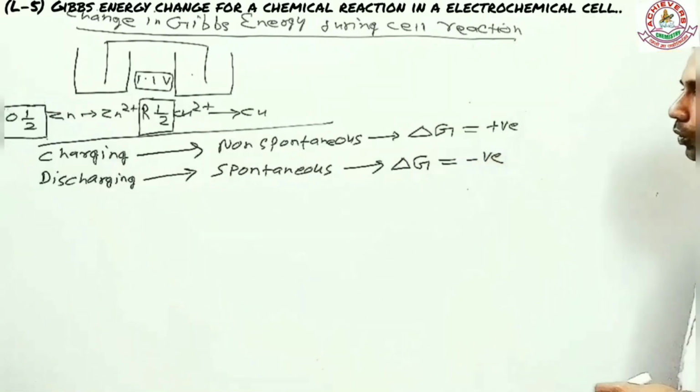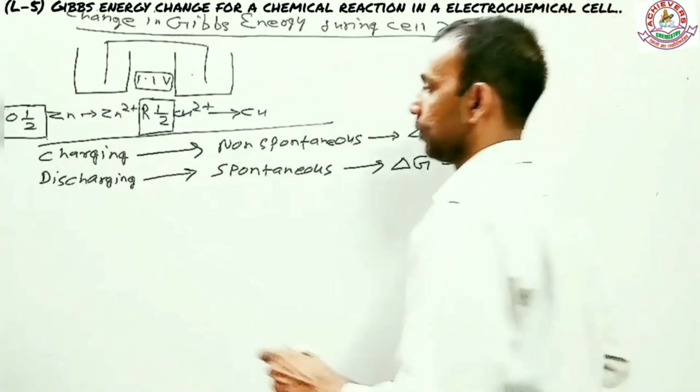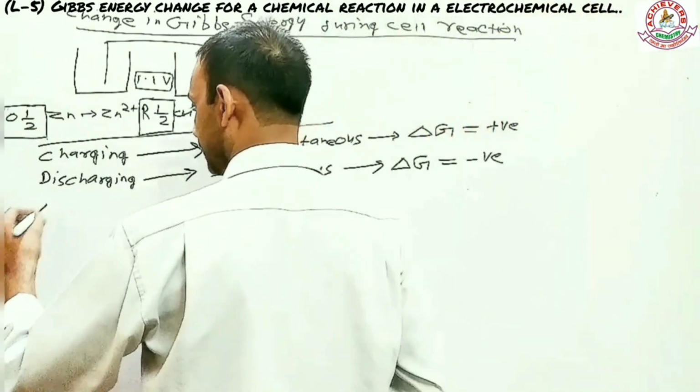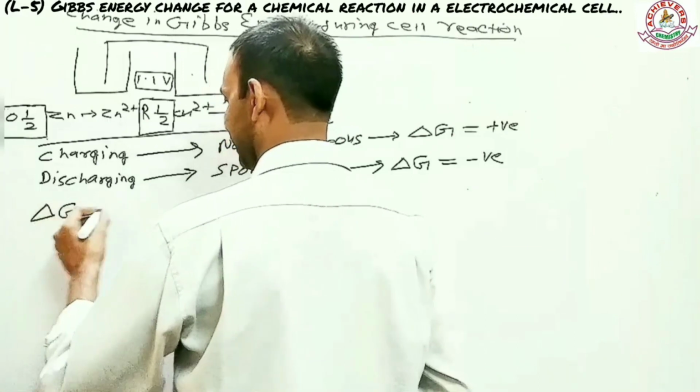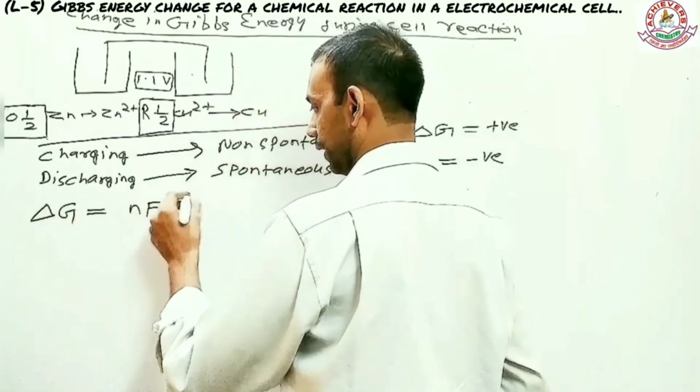So the question is, how do we calculate delta G? Delta G is calculated by nFE cell.